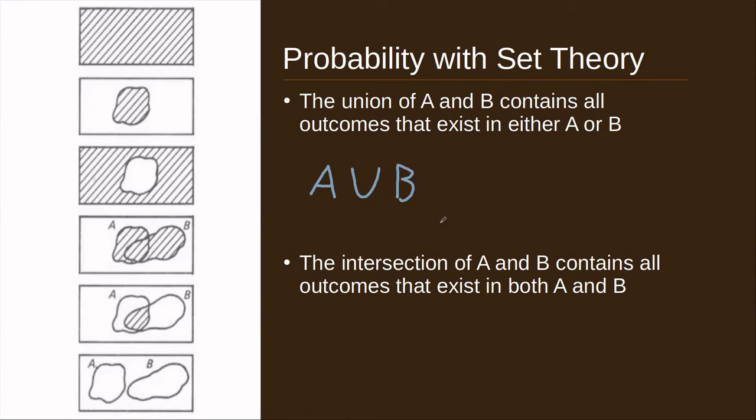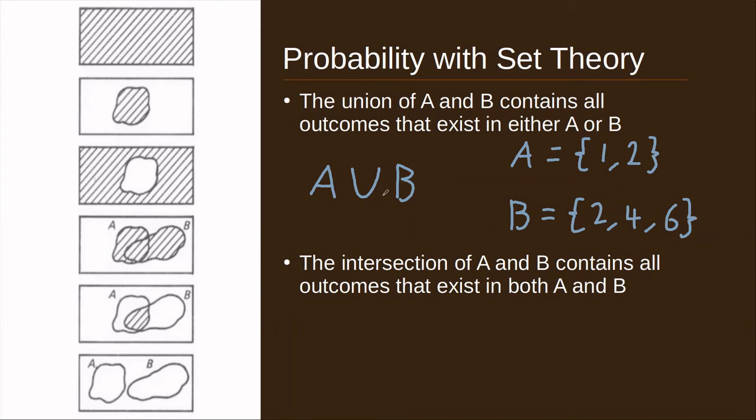And what the union means is that we consider all outcomes that exist in either A or B. So let's use the same set A that we had before, which was the outcome 1 or 2 when we roll a 6-sided die. And let's say that B is a set that contains all even rolls with our die. In other words, B would contain 2, 4, and 6.